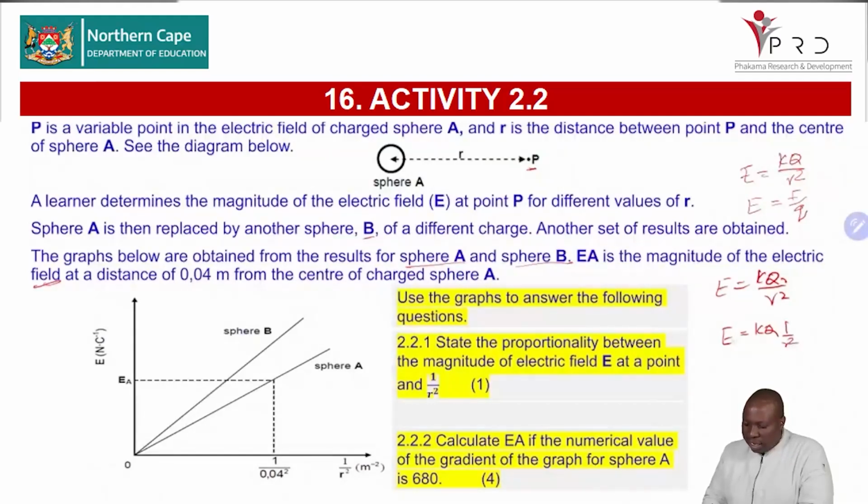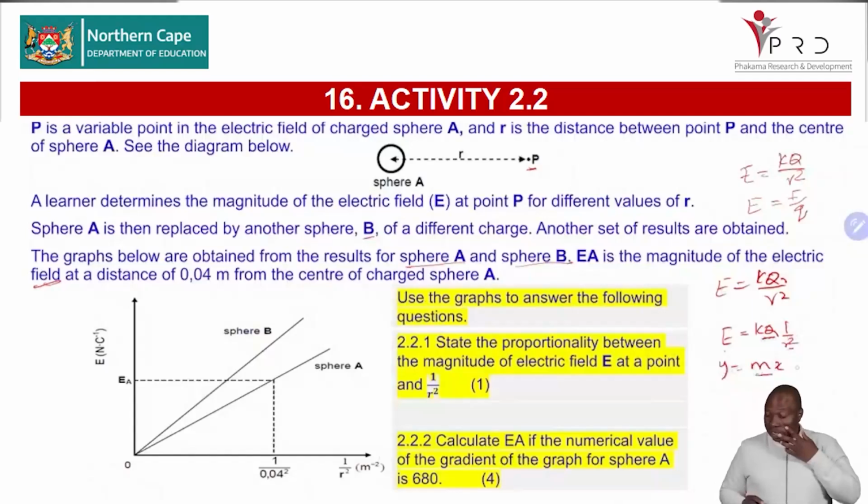So you can see that this is your Y, this is your M, this is your X. Our gradient here is KQ, because on our x-axis we have 1 over R squared, and on our y-axis we have E. So you're able to see that, okay, this is the graph of Y equals MX.